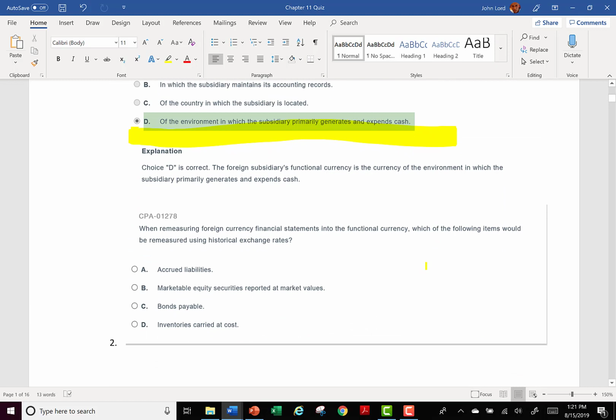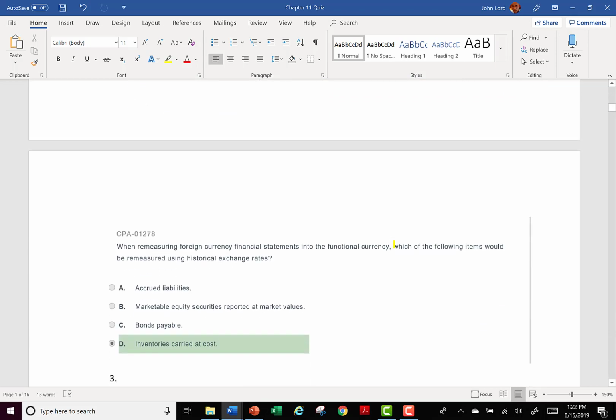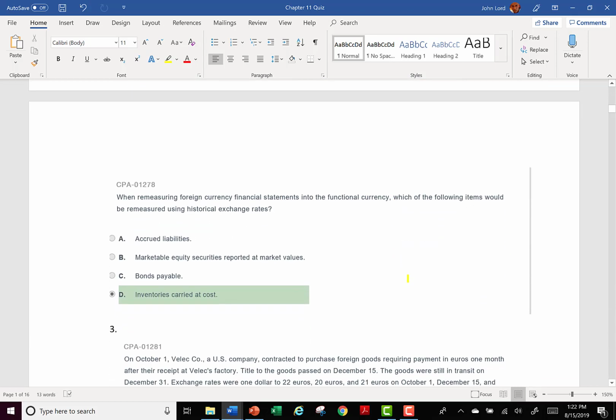Okay, good. When remeasuring foreign currency financial statements into functional currency, which of the following items would be remeasured at historical cost? You have your securities, your bonds payable, your accrued liabilities. And remember, inventories are going to be measured at historical cost.